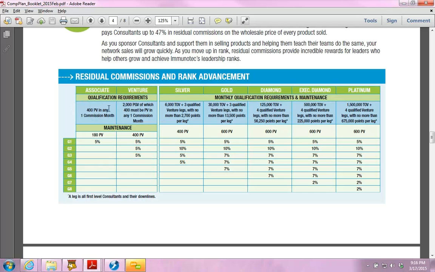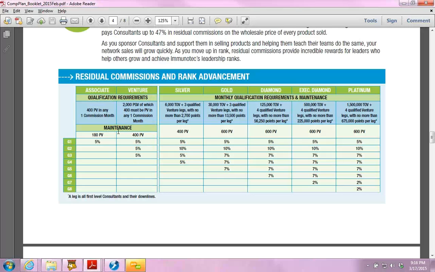But that's okay. You can still start your account as an associate here. If you want to buy the bigger pack that has more Immunicals and things, how many? 3 boxes of Immunical and 4 boxes of platinum. Then that package is worth 2,000 points, and it means you're an instant venture, which is kind of nice.